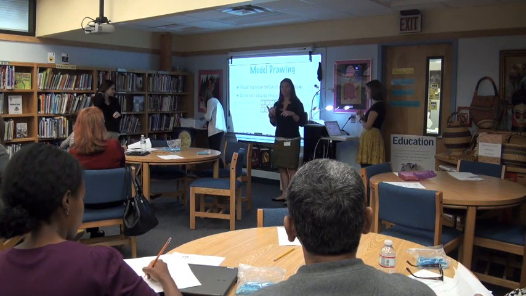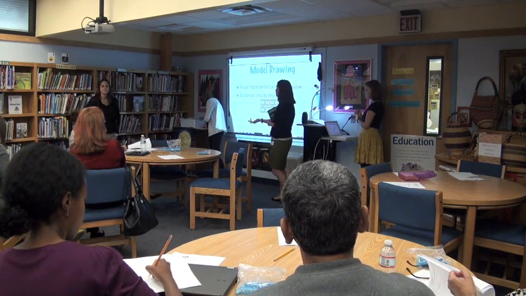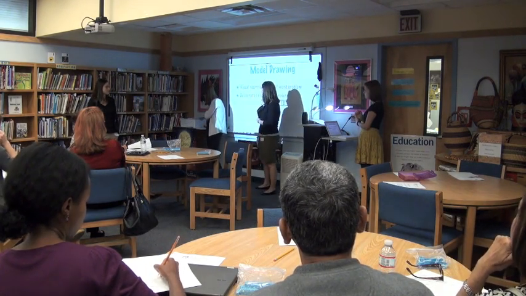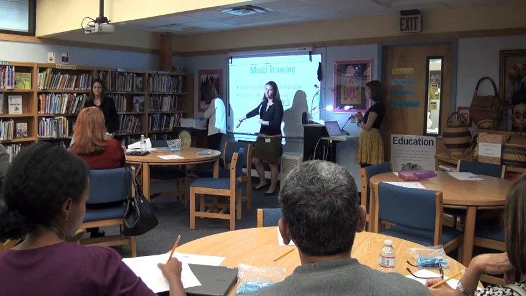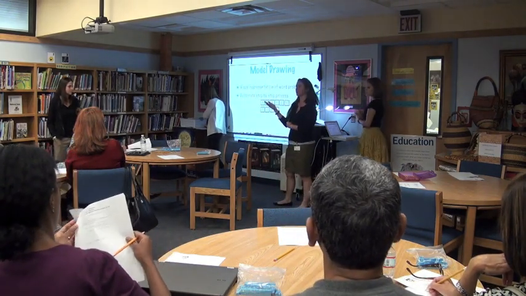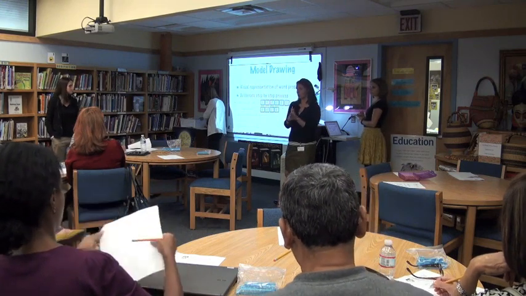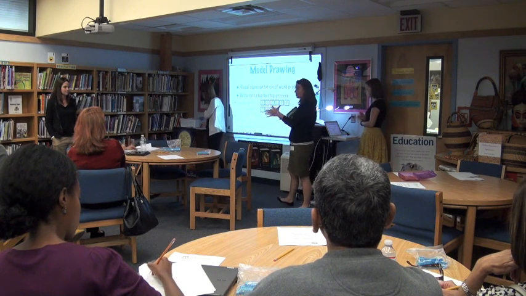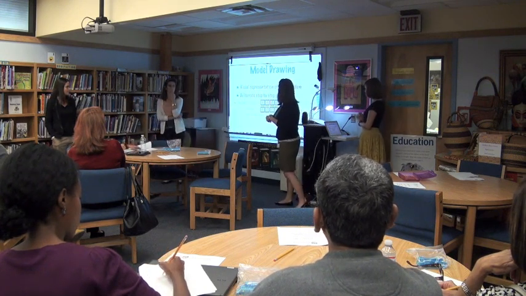Then we identify the who and the what. So for instance, in this problem, Mary and Joe are the whos, the what is carrots. And the step-by-step process is something they will use in first grade and second grade all the way through. And we all try to be consistent with that.